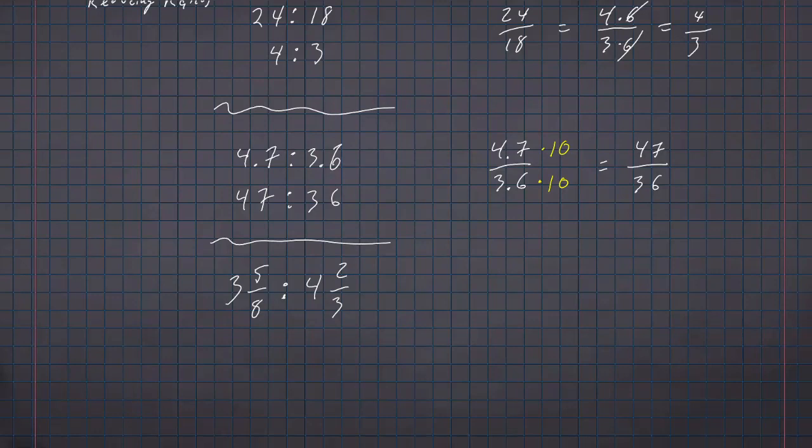As we saw previously, most of mathematics, most of arithmetic is easier with improper fractions than it is with mixed numbers. So 8 times 3 is 24, 24 plus 5 is 29. 3 times 4 is 12, 12 plus 2 is 14. So I've got 29 over 8 to 14 over 3.